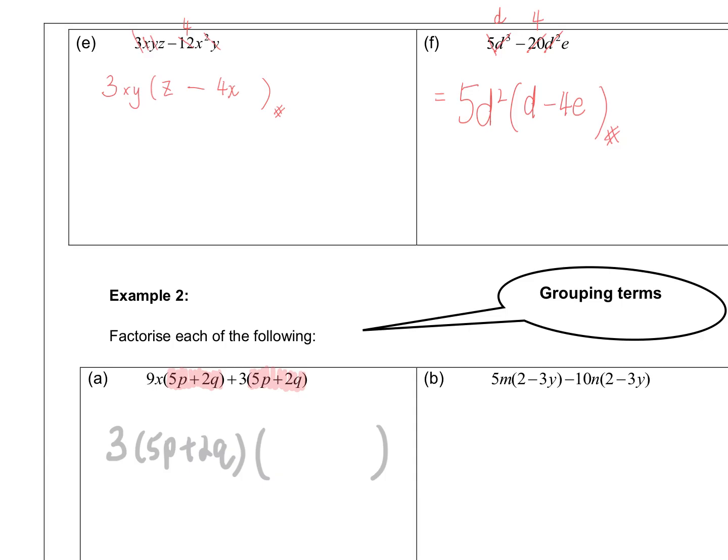So I take out the 5p plus 2q. I take out 3. So I'm left with 3x here. Here, same thing. I take out the 3. I take out the 5p plus 2q. I'm left with 1. So this one is the important part. That's it. When you take out, they don't disappear. It's just right in front.